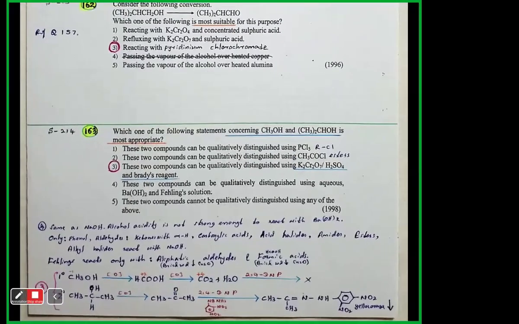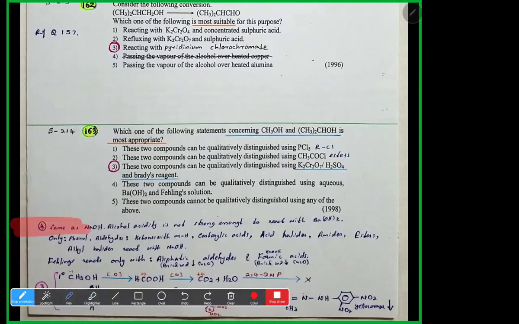163. Concerning these two compounds, which can be qualitatively distinguished using PCl5? PCl5 is supposed to give RCl, so OH to Cl, but we cannot distinguish. This is okay.